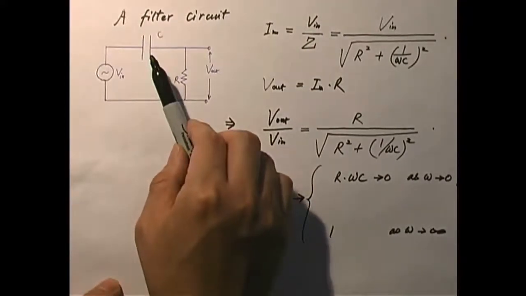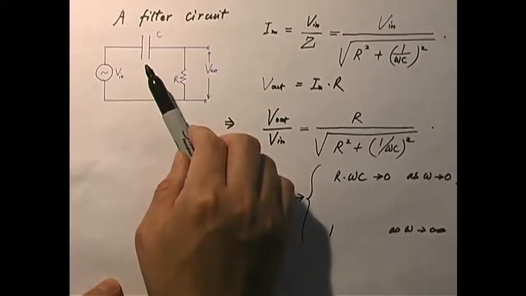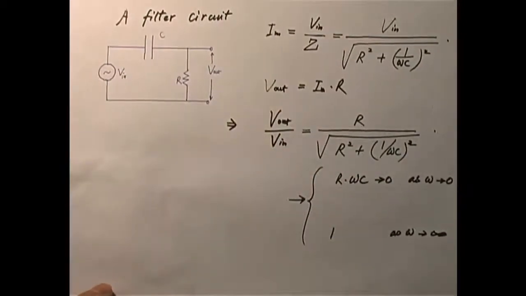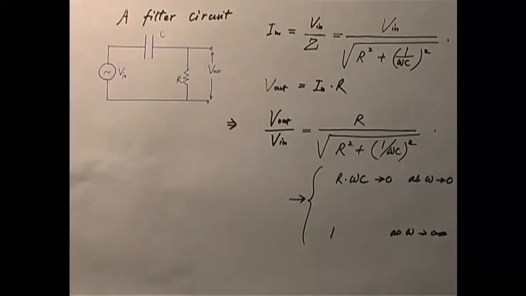It puts up a lot of fight, and therefore a low frequency signal can easily be picked up here. The high frequency signal is blocked by the inductor. So these are called filter circuits, and we utilize the dependency of the voltage on the capacitor and inductor on the frequency of the signal.